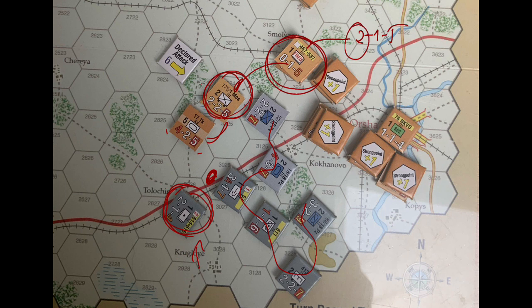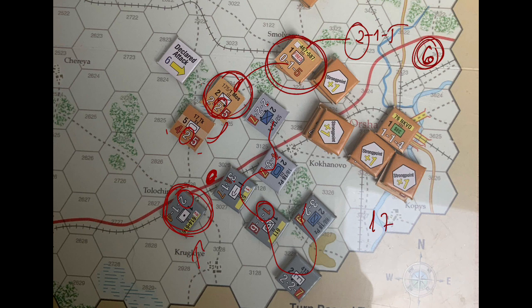So this brings 2 to combat. So in this case, the units would be 2 plus 2 plus another 2, so it would be 6 for the Soviets. And in the case of the Axis, we will have 2 plus 4, 6, 9. Here we have 10, 15, plus 2 from the artillery, it's 17.